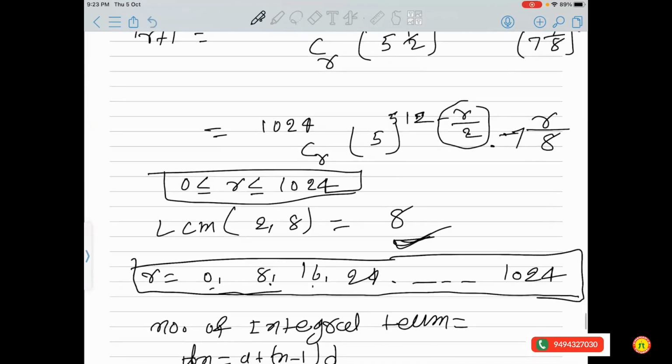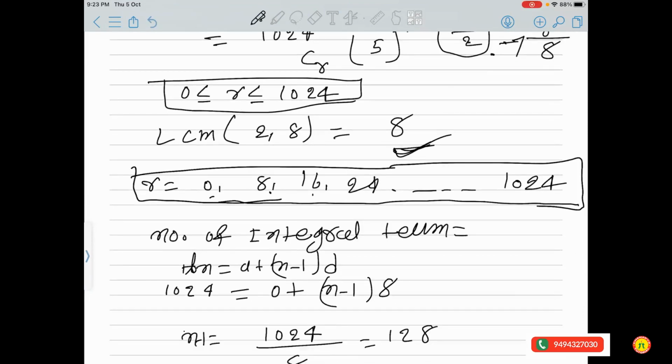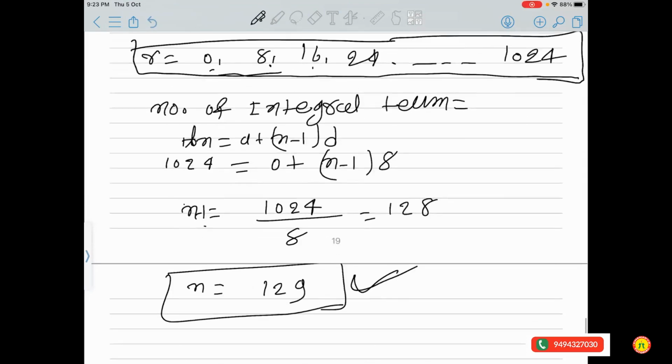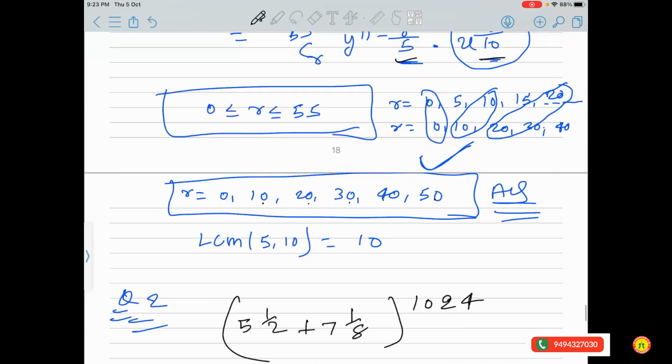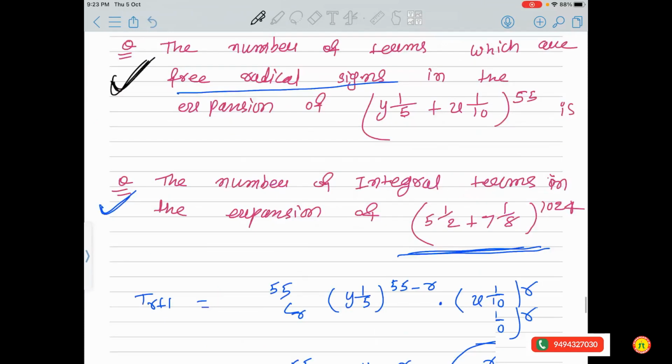So 0, 8, 16, 24 up to 1024 are the r values that give the integral terms. Okay, so the number of integral terms is 129.